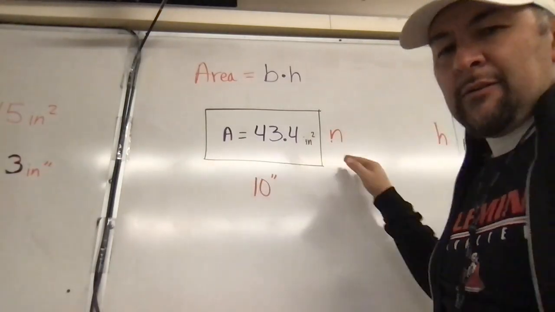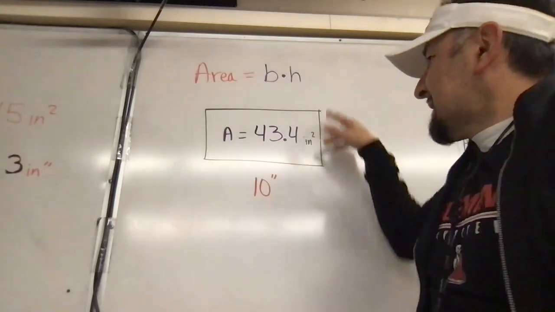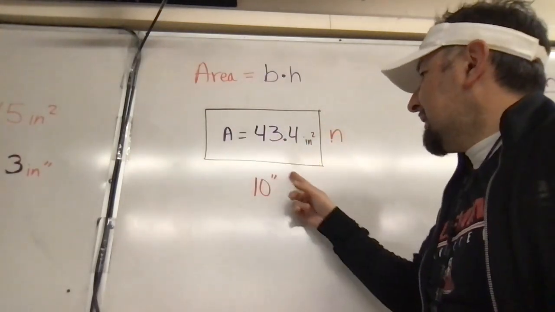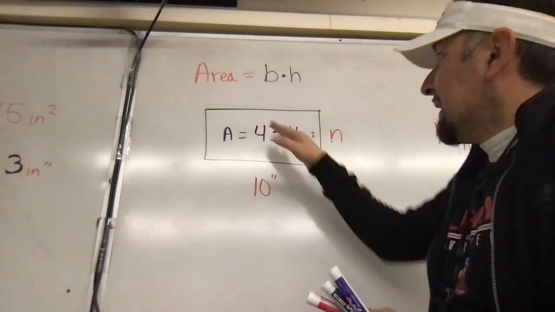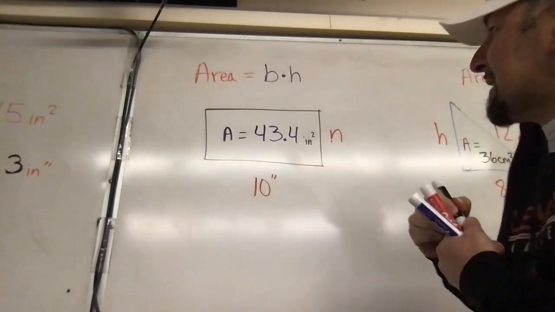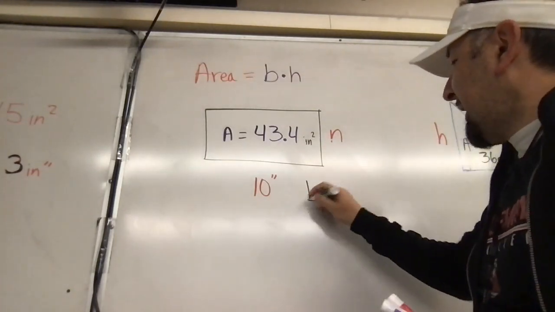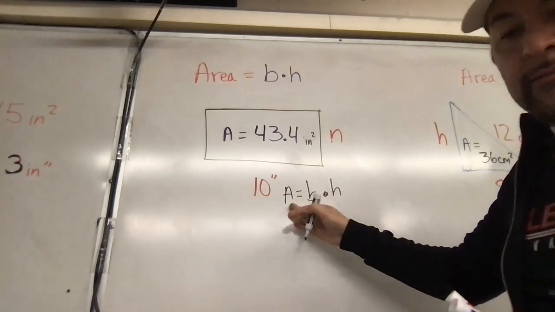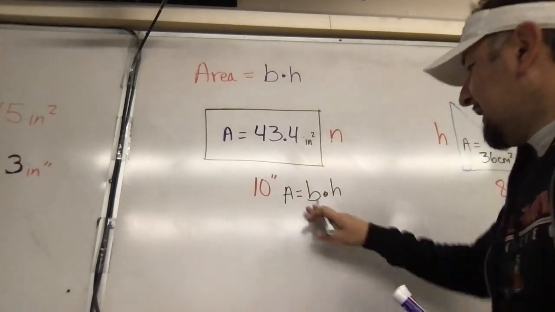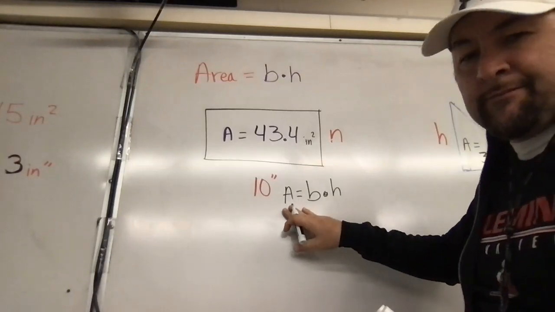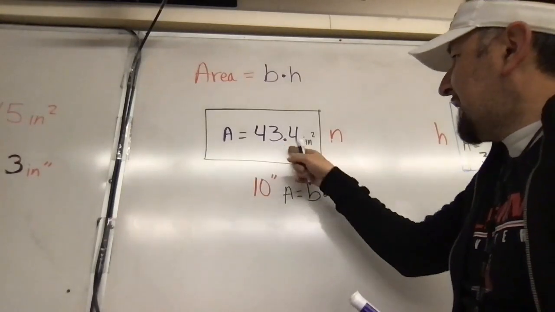All right. So how do we find a missing side of a shape when they give us the area and another side? Let's start with the area formula here. We said the area is base times height. So on your paper, when you're doing it alone, you would say, all right, I know that the area is base times height. And then you'd fill in which numbers go here. Do we know the area? Yeah, it looks like they gave us the area.